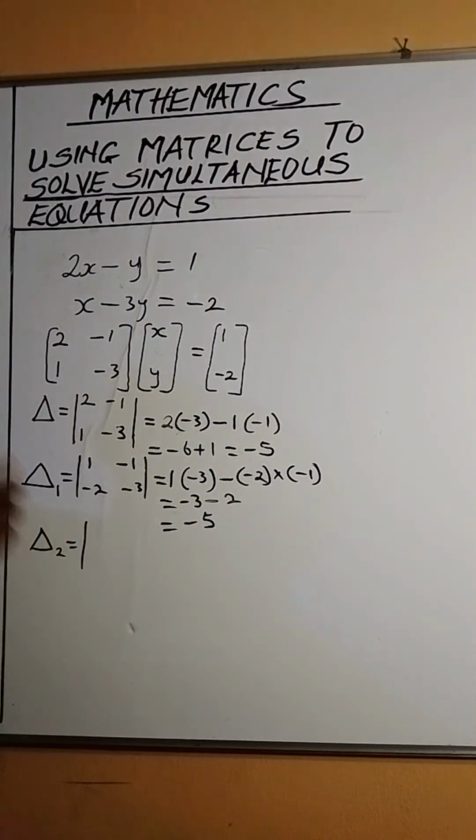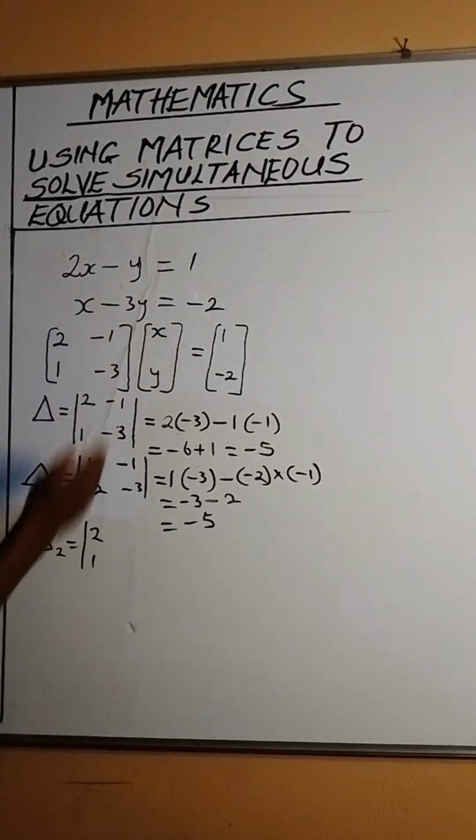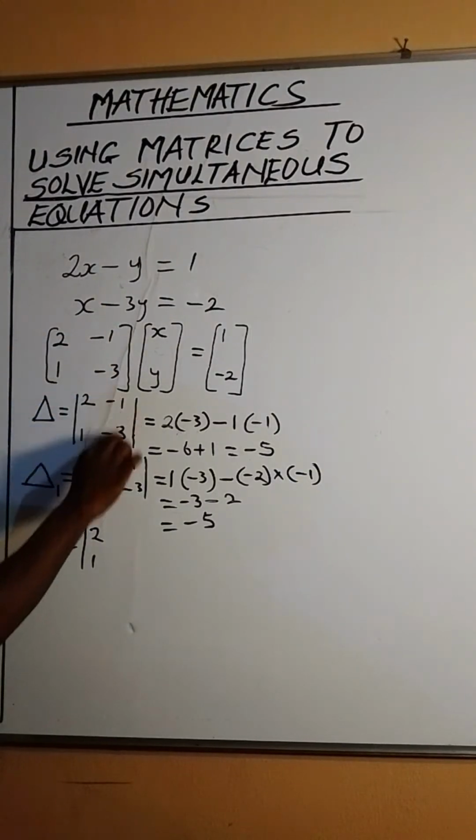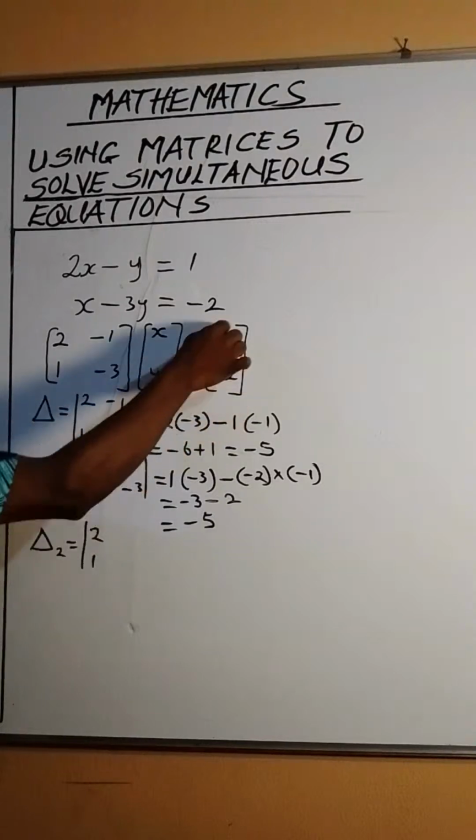But in determinant 2, we are not going to do that. What we are going to have is this. We are going to retain this 2 and 1 here. Then it is the second column that will be replaced. We are going to replace this second column with this constant.